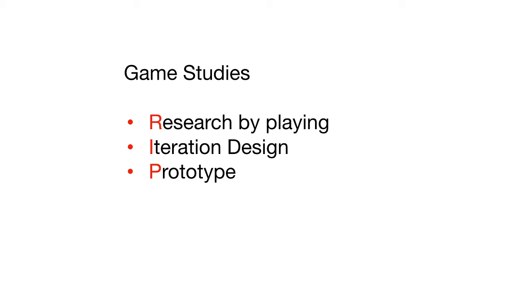Okay? So research by playing. You play, you research, yes. Second, iteration design. You keep playing. Every cycle, something changes in your design. That's called iteration by design. Finally, prototype. The fact that you have a playable structure is a prototype.